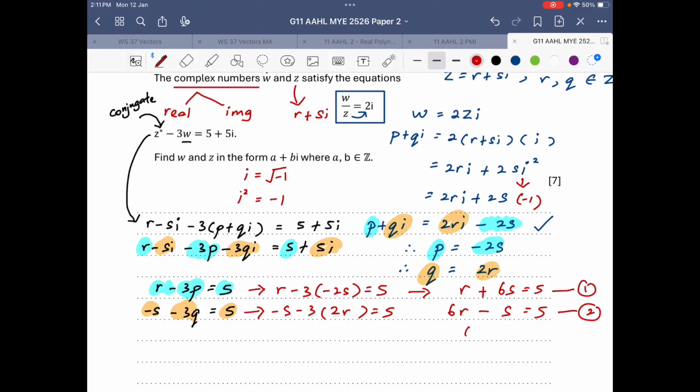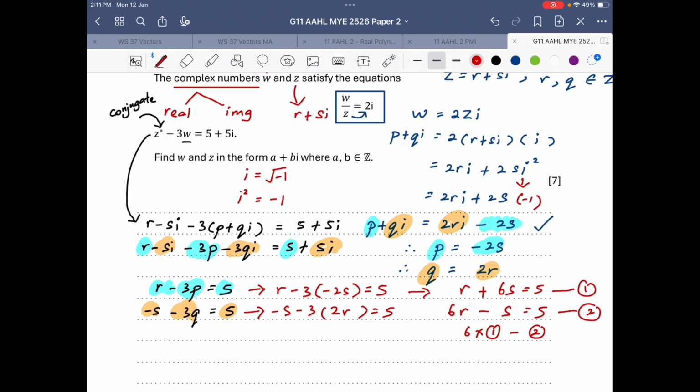If I have 6 times equation 1 minus equation 2, eliminating R, so no more R. Oh, something is wrong.